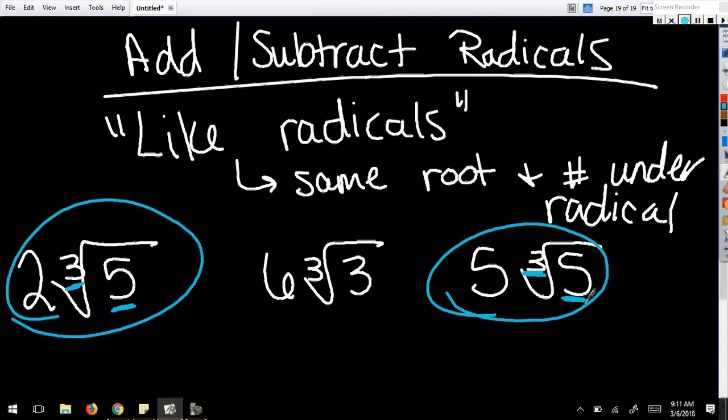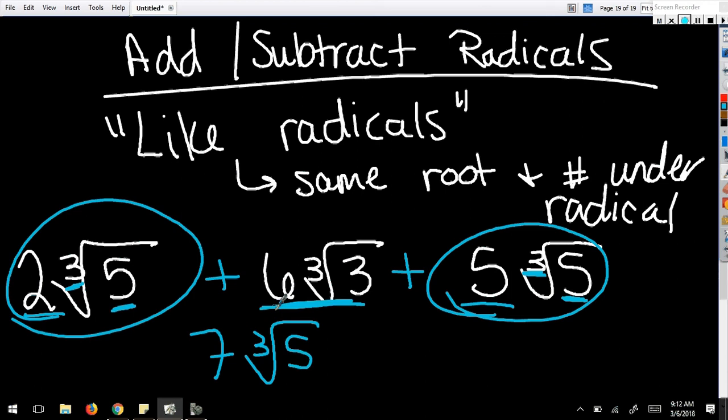They have the same number under the root. So if I add them, I treat them just like terms if they had an X on them. If this became an addition problem, I would simply add the numbers in front. 2 and 5 is what? 7 cubed root of 5. I can't do anything with this one because it's not a like radical, so I simply write it.